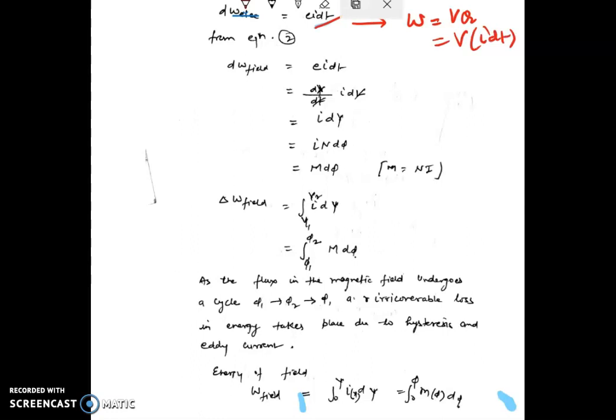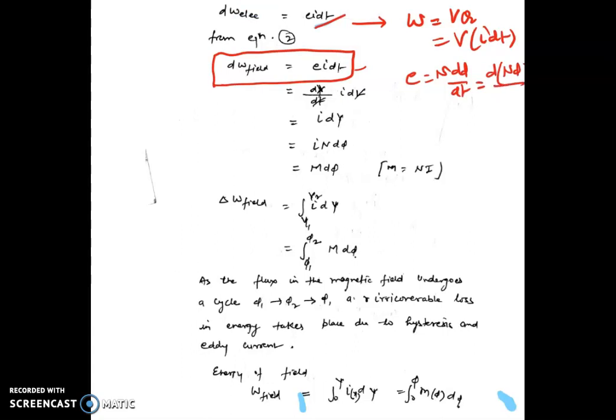So V I dt or E I dt is the electrical energy, and the energy of the field in an excited system is equal to the electrical energy, E I dt. Whatever is the energy of your field is equal to your electrical energy, and the electrical energy is E I dt. What is E again? E is equal to N d phi by dt, or we can write it as d of N phi by dt.